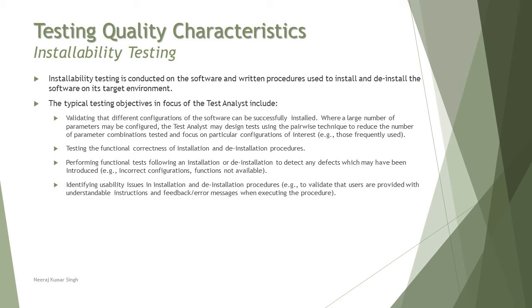Performing functional tests following an installation or deinstallation to detect any defects which may have been introduced, like incorrect configuration, function not available, or any such related thing. Identifying usability issues in installation and deinstallation procedures as well. So there are different objectives which can be achieved as a part of installability testing while installing and making sure the product gets installed.